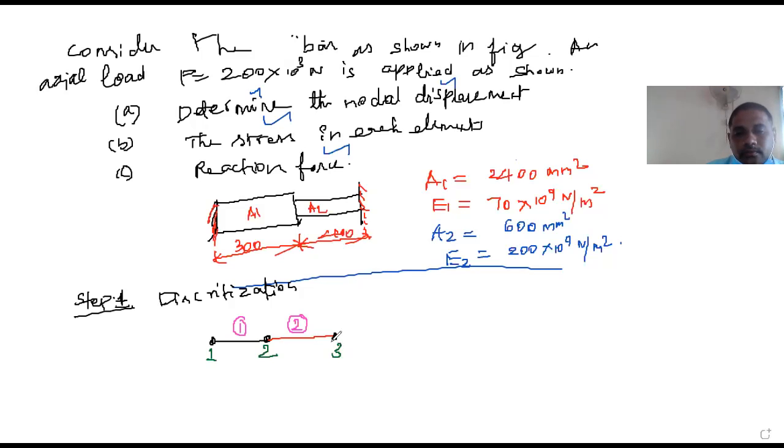You have to number the nodes based upon the minimum half bandwidth requirement, so that your storage is limited. That is what is called half bandwidth. Minimum half bandwidth is required so that you reduce the space in the system.